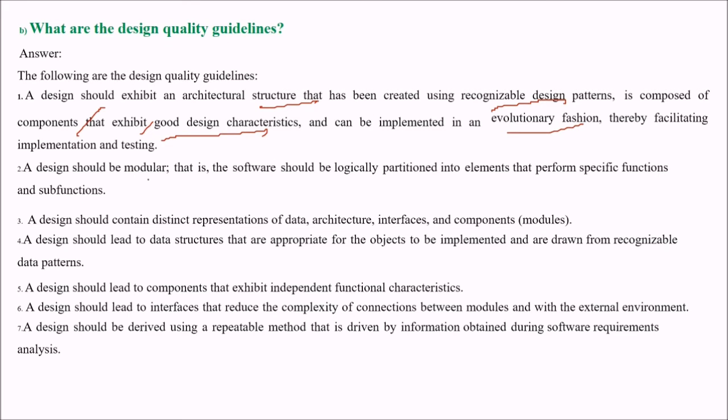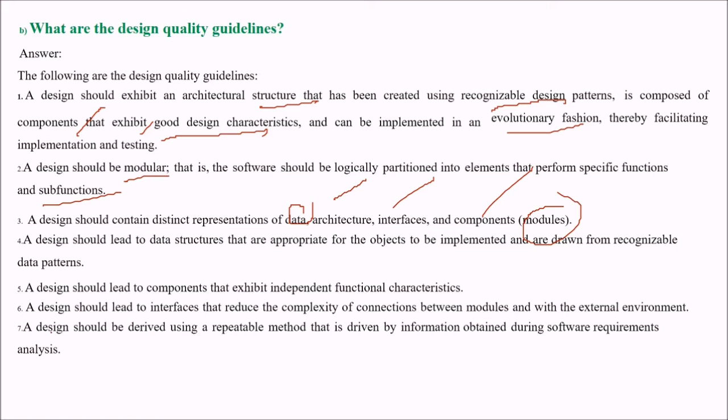The design should be modular, the software being logically partitioned into elements that perform specific functions. The design should contain distinct representations of data, architecture, interface, and components, that is, modules.